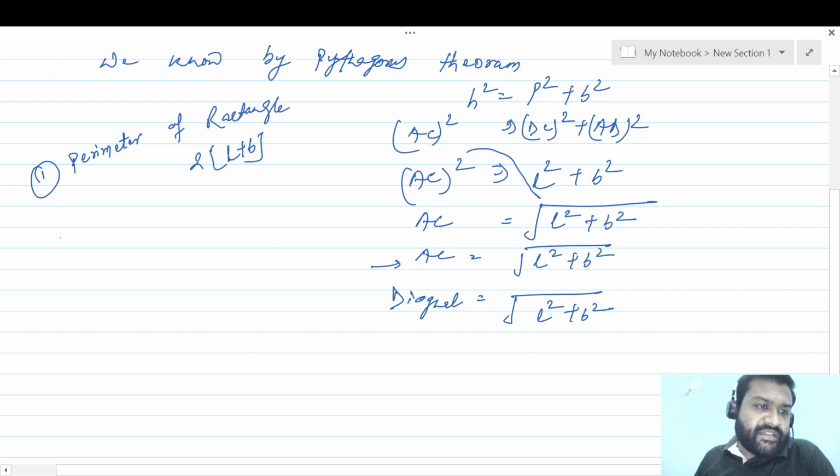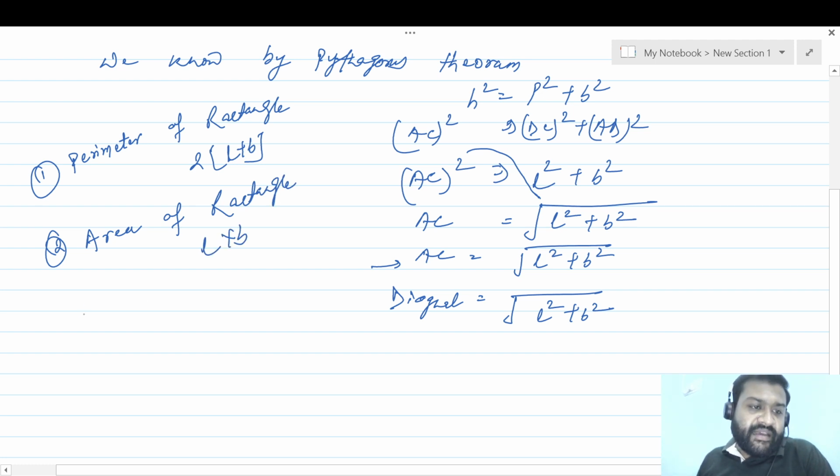Okay, second we have seen the area of a rectangle, which was length into breadth. And then third we have seen the diagonal of a rectangle, which is root under L square plus B square.